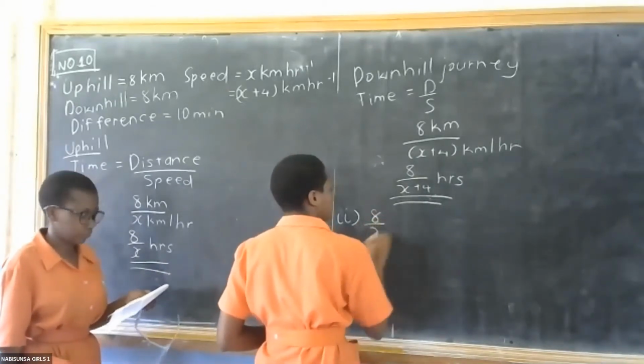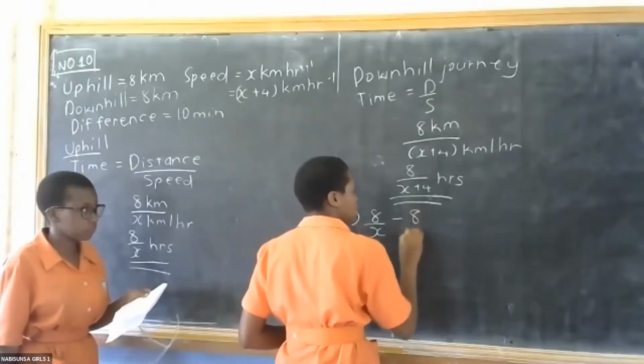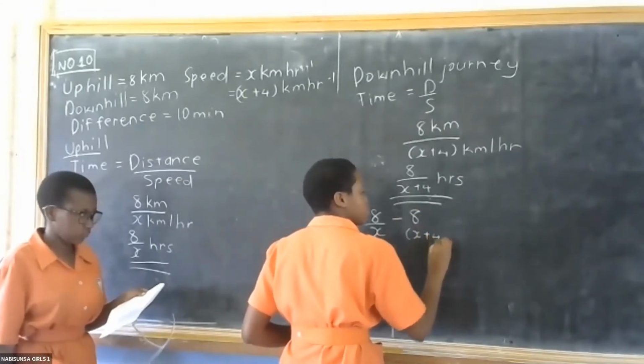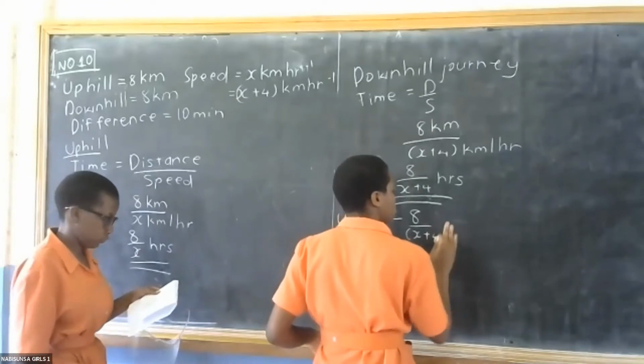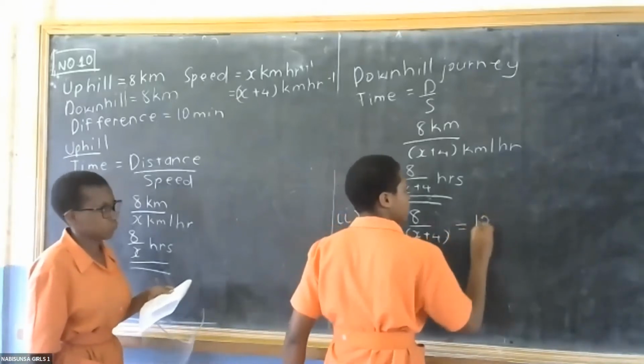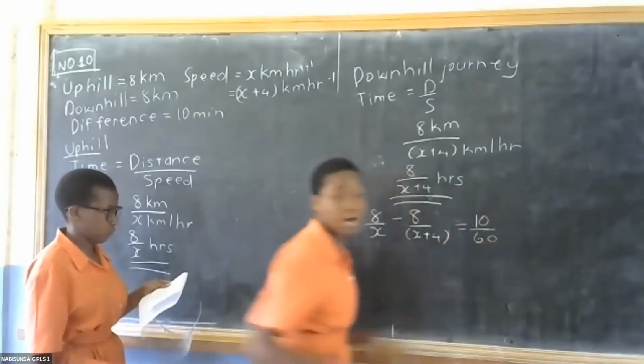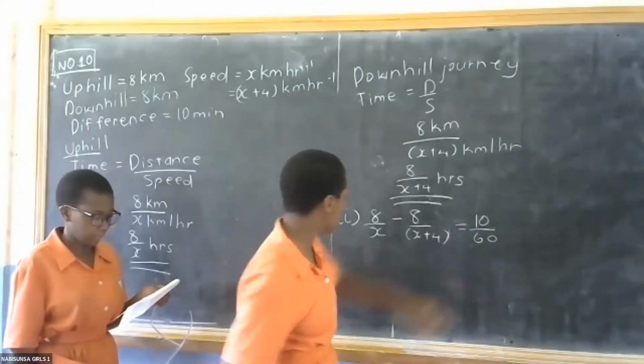So that will be 8 out of x minus 8 out of x plus 4 is equal to 10 out of 60 hours. So we change the minutes to hours.